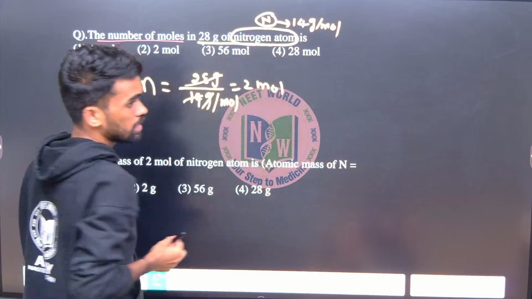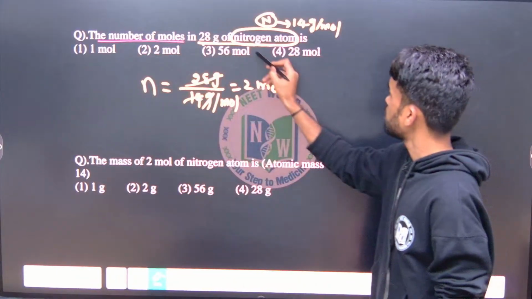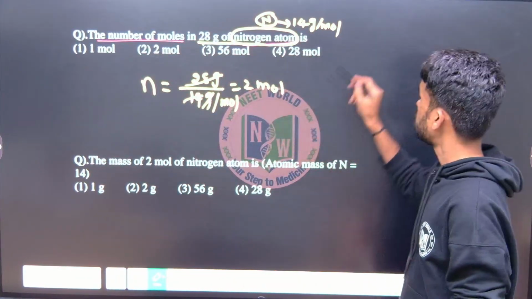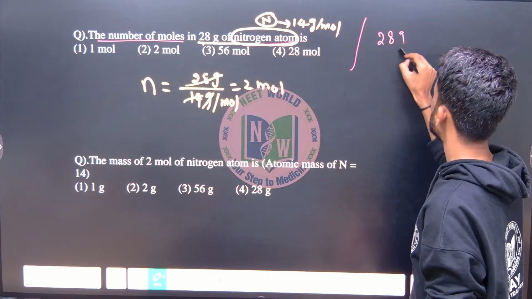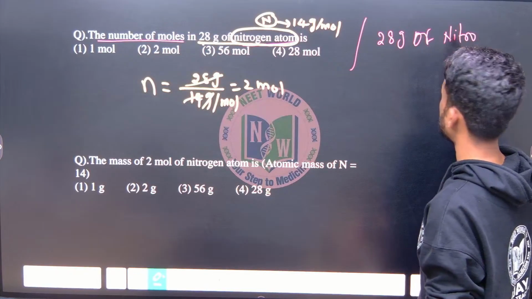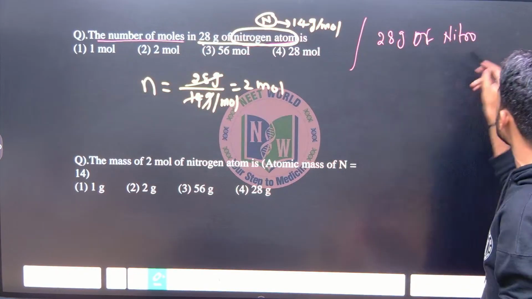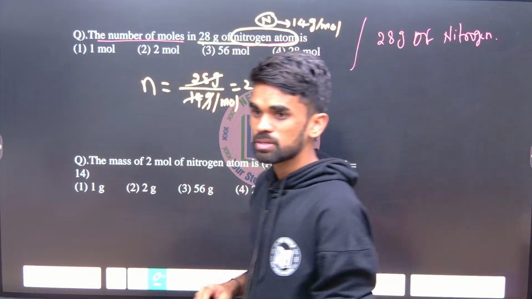See, here there is some little confusion for a few students. Here they mentioned nitrogen atom. Sometimes they won't mention either N or N2, they will just mention 28 grams of nitrogen. In this case, what you need to take? N2.